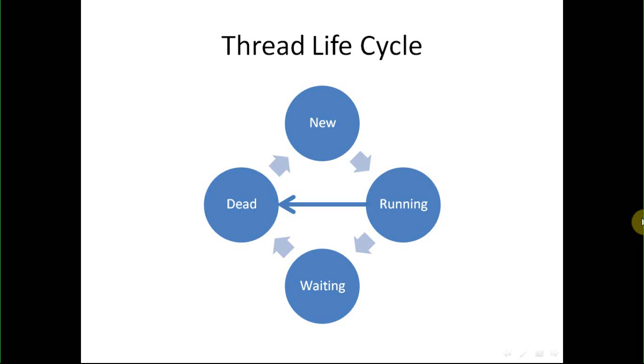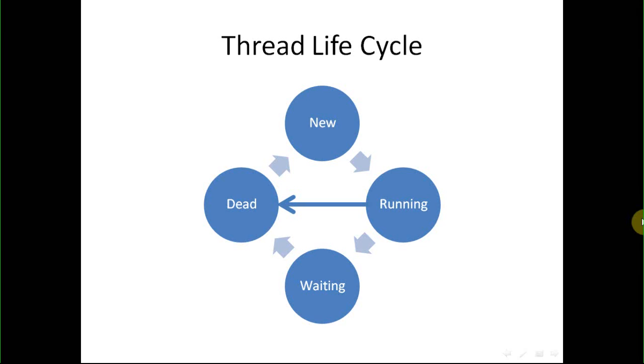When you use the await method of the CyclicBarrier, your thread will go to the waiting state. Or we have another class in the java.util.concurrent package with the name CountDownLatch. Also, when you use the await method of CountDownLatch, your thread will go to the waiting state.